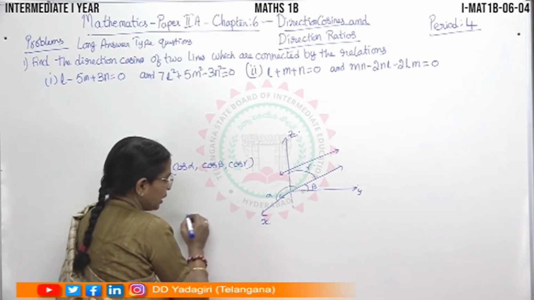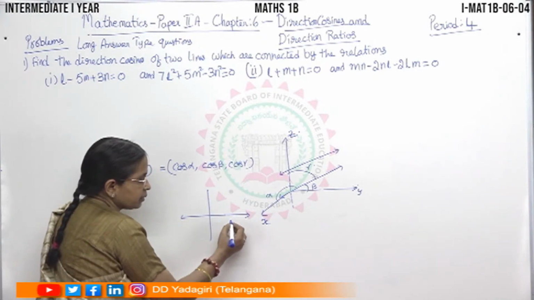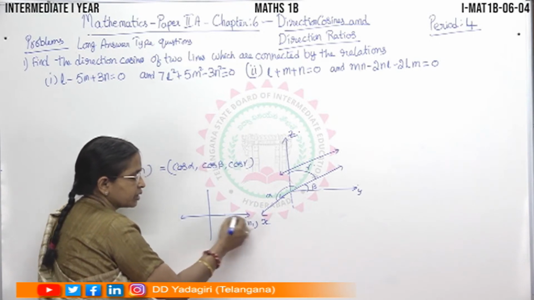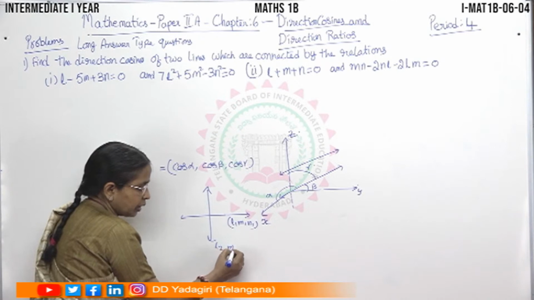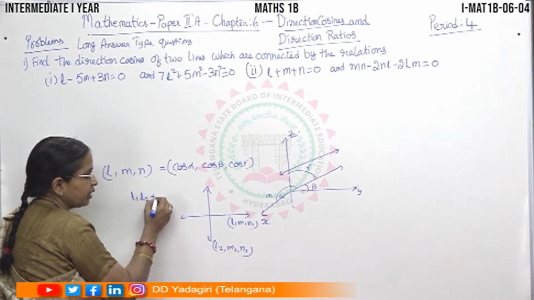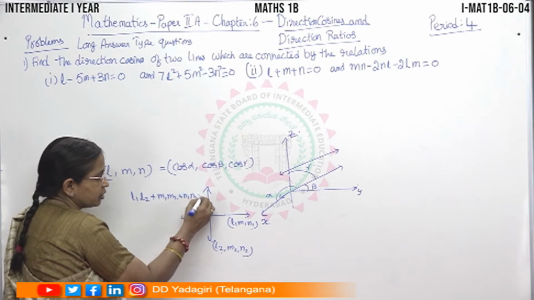Suppose that there are two lines which are perpendicular to each other, and suppose that L1, M1, N1 are the direction cosines of one line, and L2, M2, N2 are the direction cosines of the perpendicular line, then they will satisfy the condition L1 L2 plus M1 M2 plus N1 N2 is equal to 0.